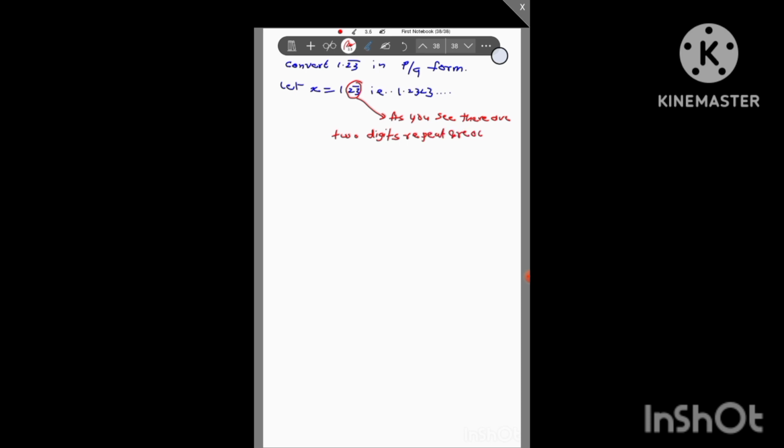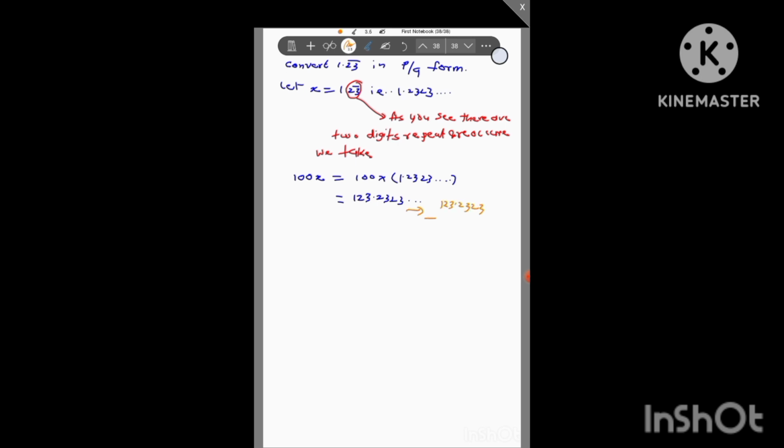Remember this, try to solve the problems and you will get through. Just understand this: 100x, so that it will go ahead of this first block at least. 100 into 1.2323, etc. The quantity in the bracket is 123.2323, etc. Now how to split this?